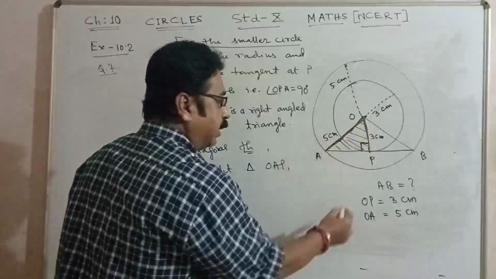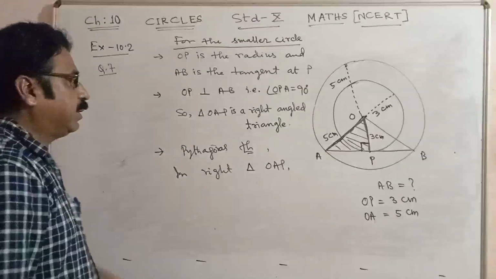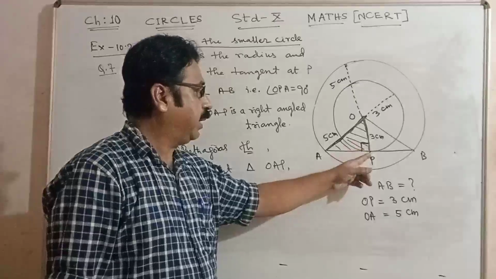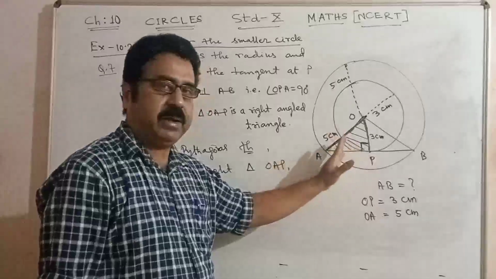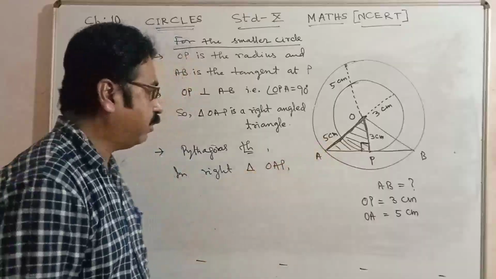This is hypotenuse, and any one is perpendicular, another one is base. That means out of OP and AP, any one is perpendicular, another one is base. But hypotenuse is OA.